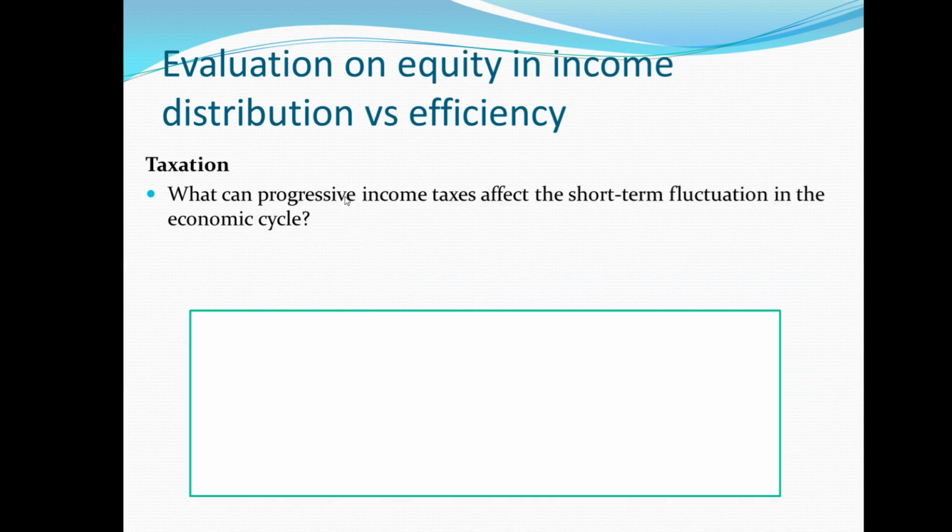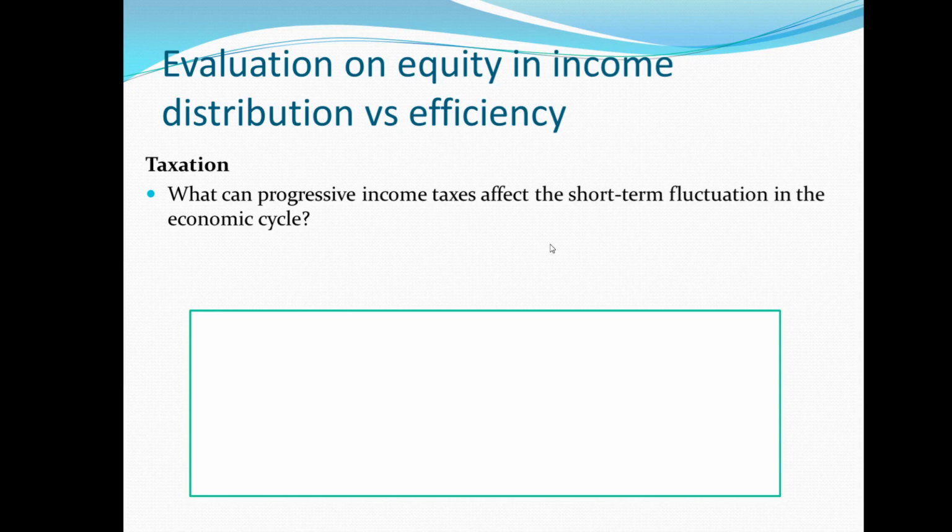But here, this is something that we can think about. If we have progressive income taxes, what will it affect the short-term fluctuation in the economic cycle? We all know what that is. The short-term fluctuation, that curve moving ups and downs. That's the short-term fluctuation in the economic cycle.